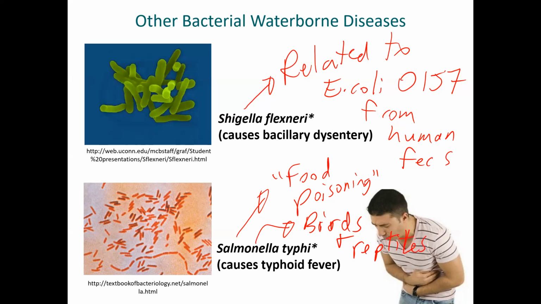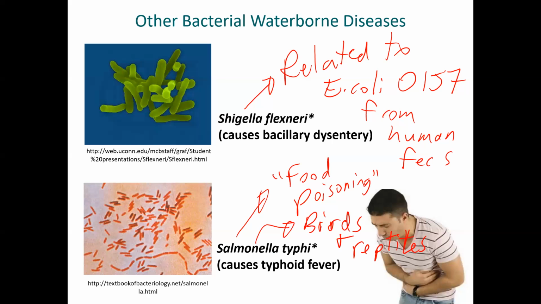And so it's often associated with chicken, right? Because chickens poop and their feces can get into meat or they can get on eggs. And this can lead to food poisoning, but it can contaminate water as well.